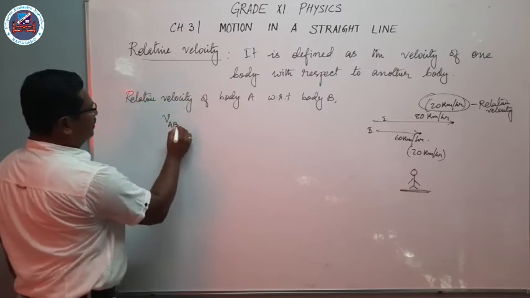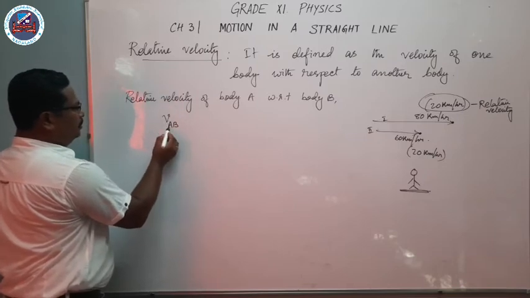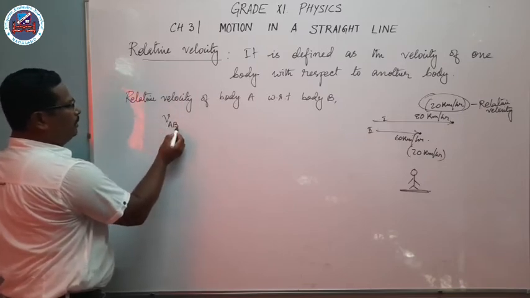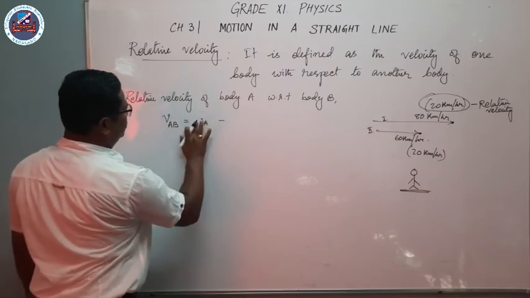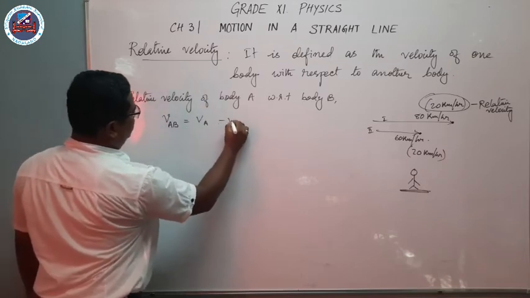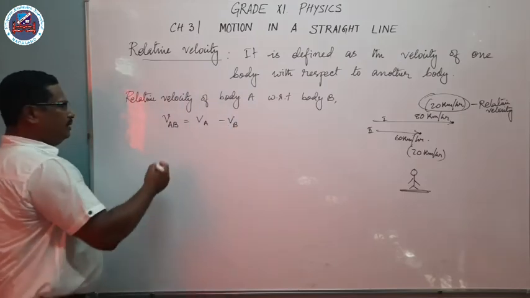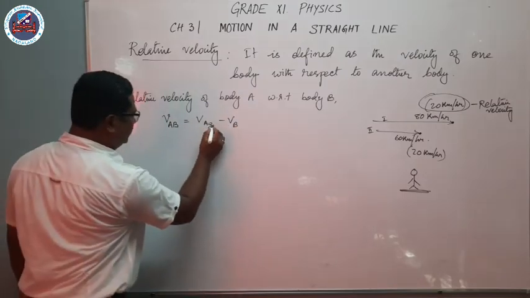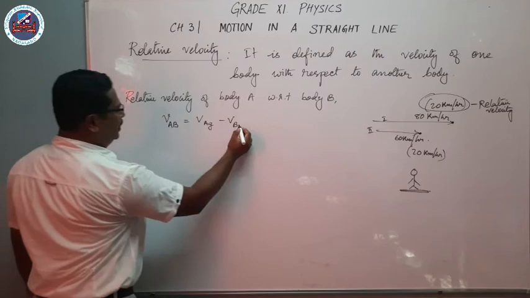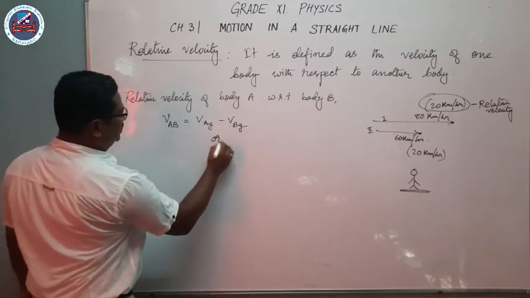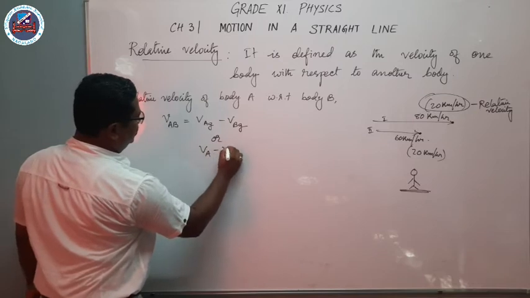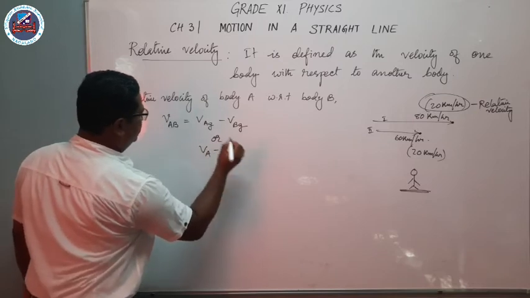VAB you write. This is the velocity of body A with respect to body B. You write it as VA minus VB. Or you can even write VAG with respect to the ground, and VBG also you can write. Or you can write it simply as VA minus VB.